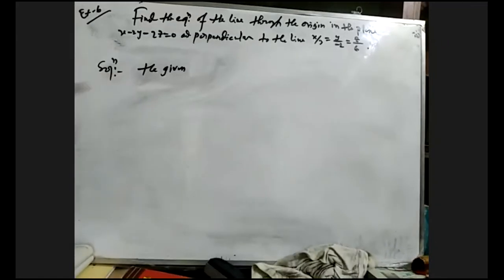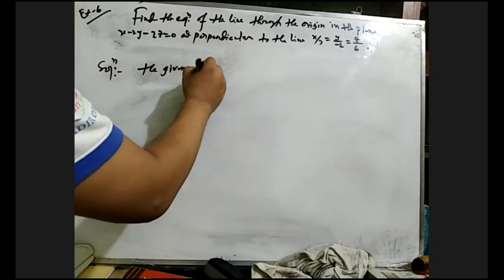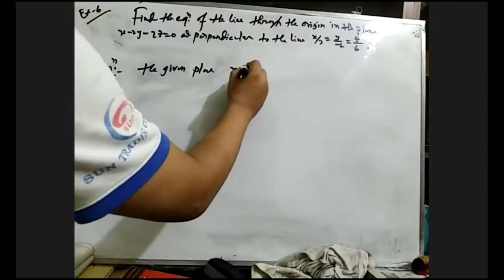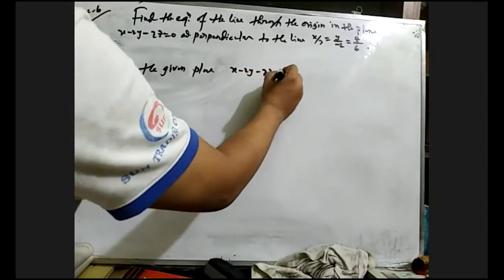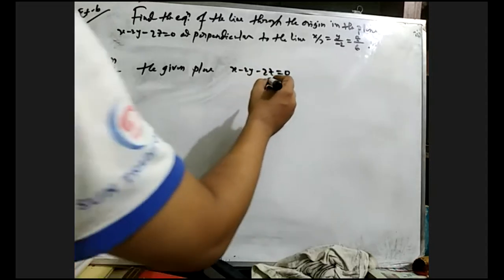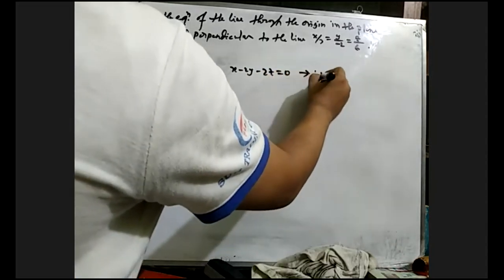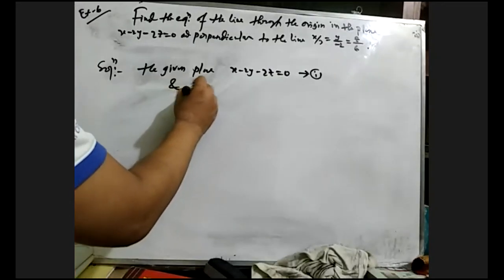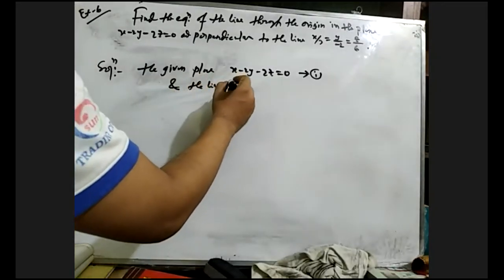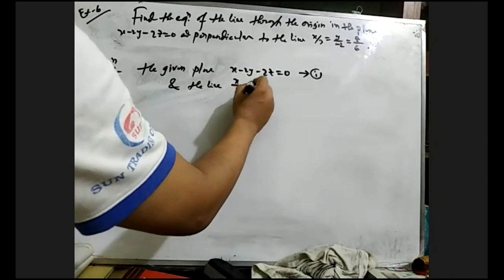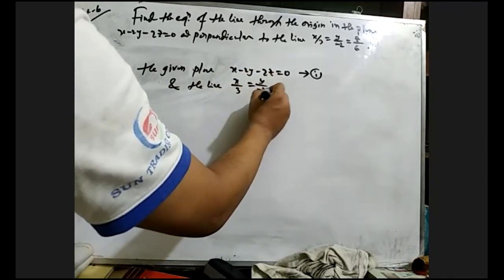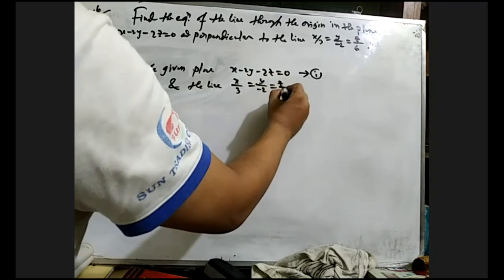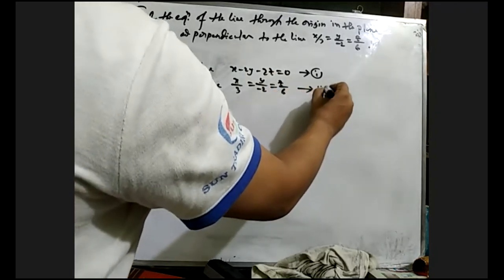So first of all, the given plane is x - 2y - 2z = 0, and this is equation number 1. And the line x/3 = y/(-2) = z/6 is equation number 2.